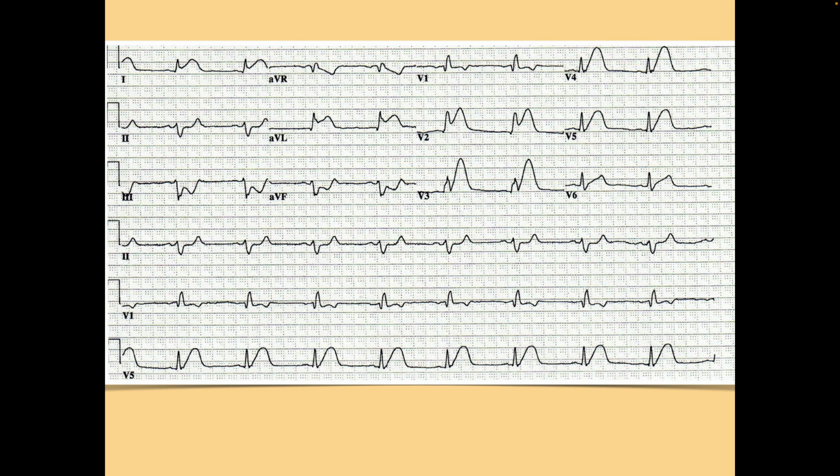V3, the J point's right on the isoelectric line, so there's no elevation. V4, no elevation. V5, no elevation. V6, maybe a little bit of elevation.